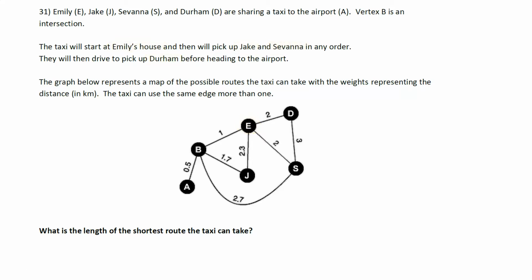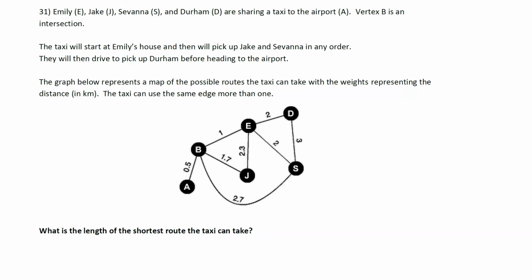My first thought when I looked at this problem was that this was going to be a tree of optimal value type of problem. However, it is actually a little bit different from that type of problem, because it's not so much about minimizing the connections between them, it's about minimizing the distance traveled while getting to each of the specific vertices. So that's not going to apply in this case.